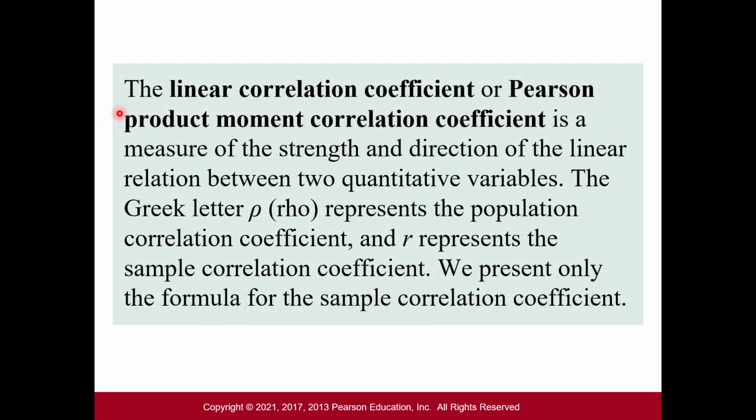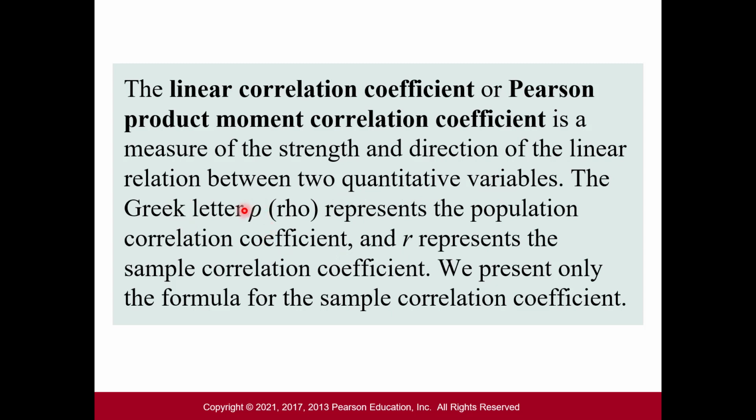So now we're going to talk about what's called the linear correlation coefficient, also called the Pearson product moment correlation coefficient, named after the mathematician Carl Pearson. Basically it's a measure of strength and direction of the linear relation between two quantitative variables.